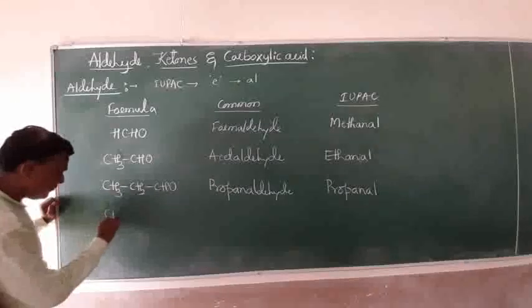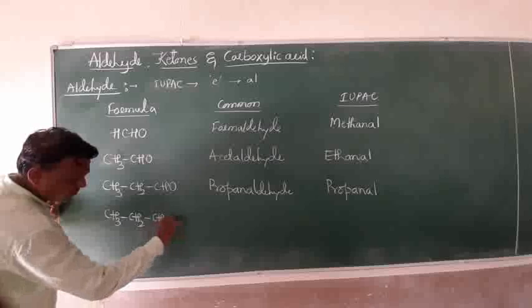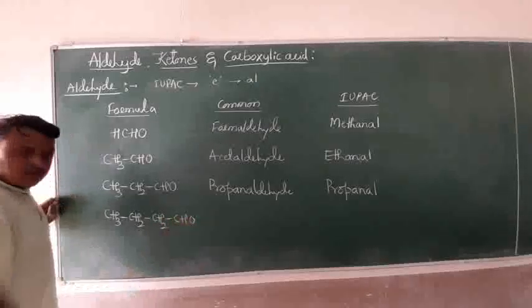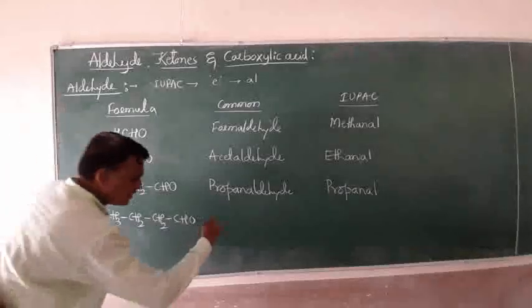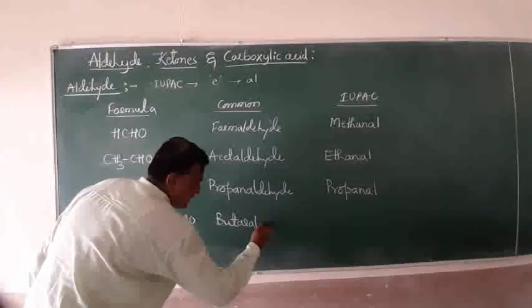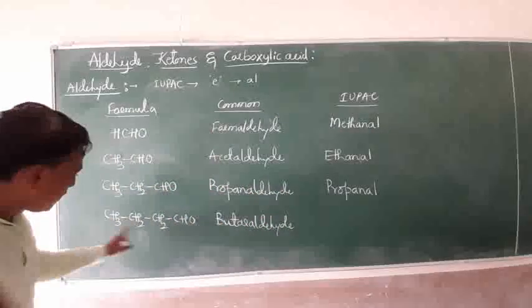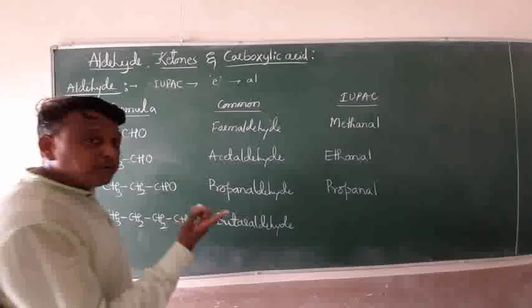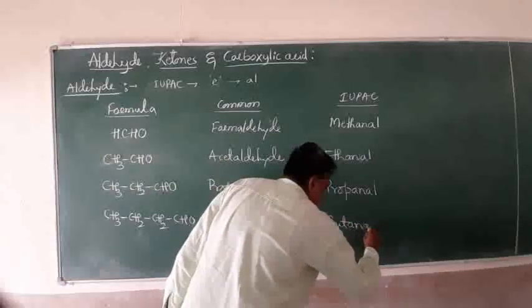And now we have CH3CH2CH2CHO. How many carbons? 4. It is from butyric acid, so the name of this compound is butyraldehyde. 4 carbons, from butane, so the IUPAC name is butanal.